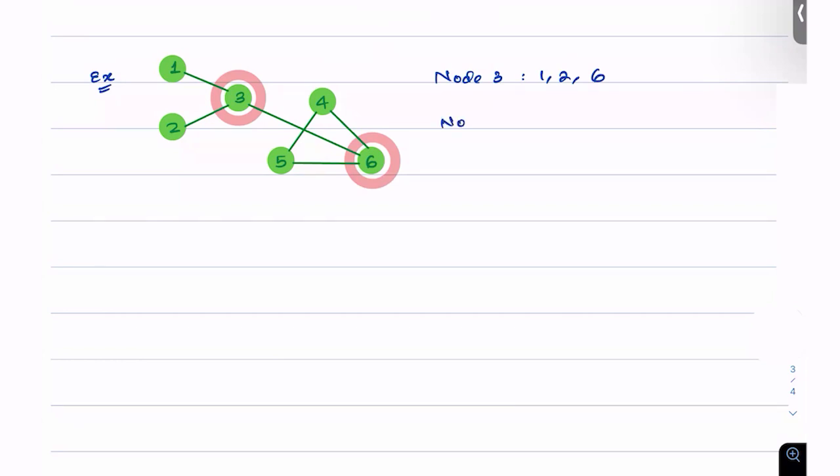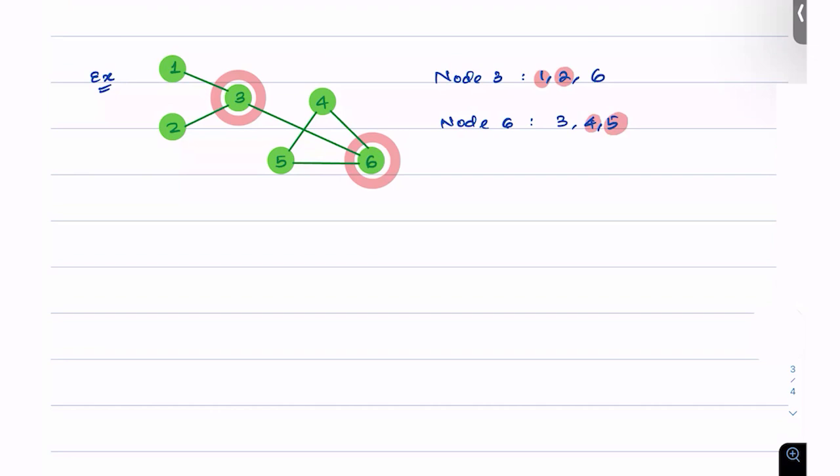For node 6, the neighbors are 3, 4, and 5. If you notice here, nodes 1 and 2 have very low degrees, while nodes 4 and 5 have high degrees.